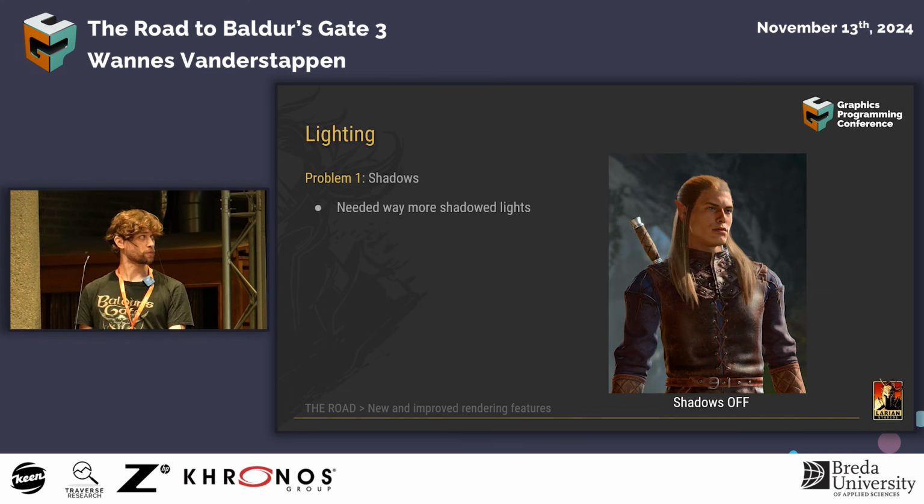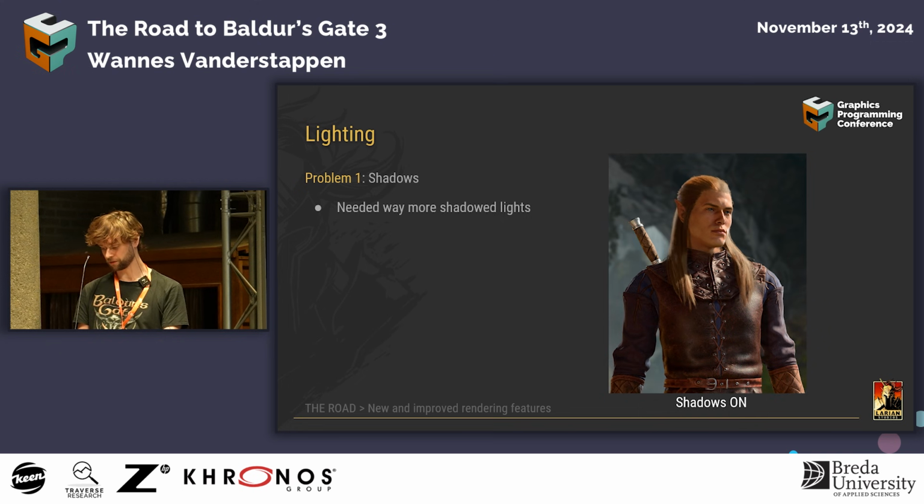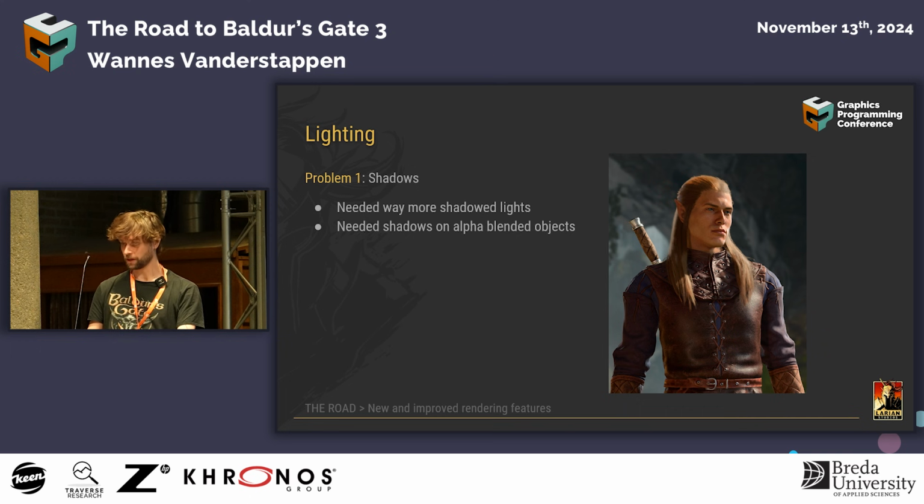But this gives us some problems because, first of all, we need a lot of shadows. If you look at this character, for example, it looks kind of flat, even though there's extra lights. And this is with shadows enabled, and there's a lot more depth, and the extra rim lights that were added are not bleeding into the front of the character anymore. And we also needed shadows on alpha blended objects. We didn't have that yet, and then you get issues like this.